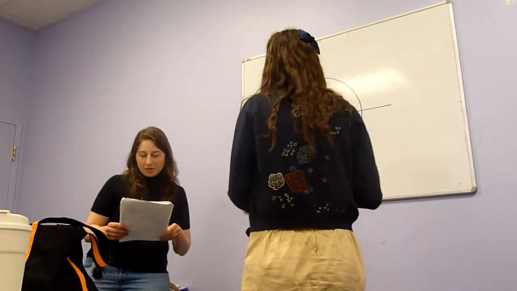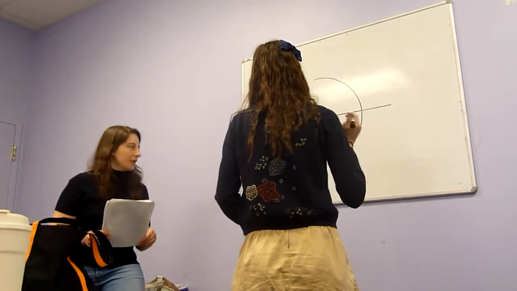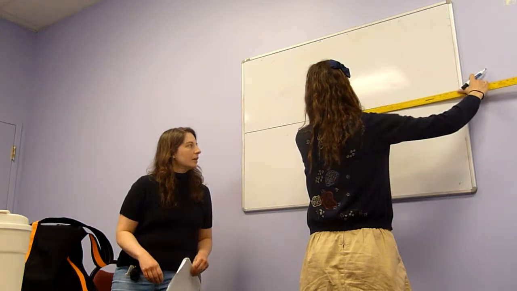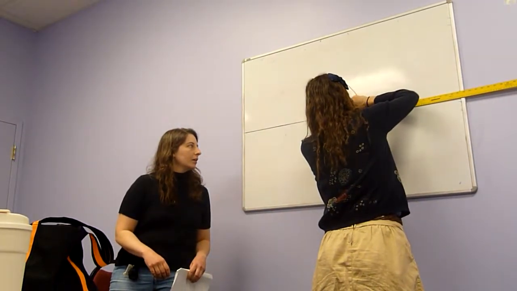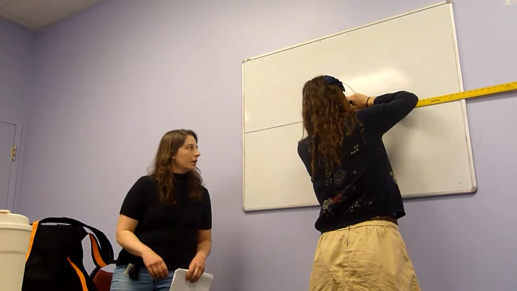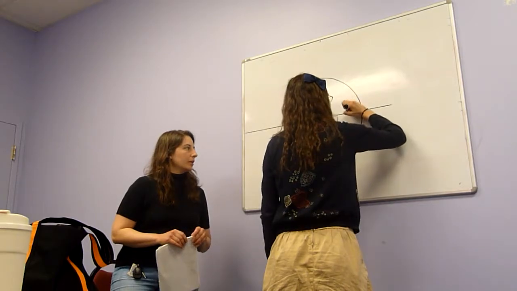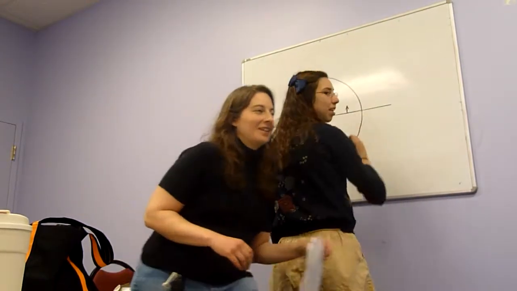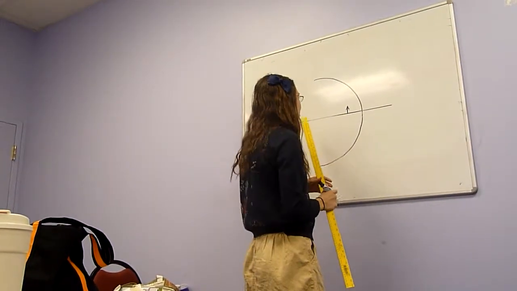Okay, so the radius of curvature is 10 centimeters. The object is 3 centimeters away from it, so 3 inches in our case. Then you have to draw in the radius and the focal point.